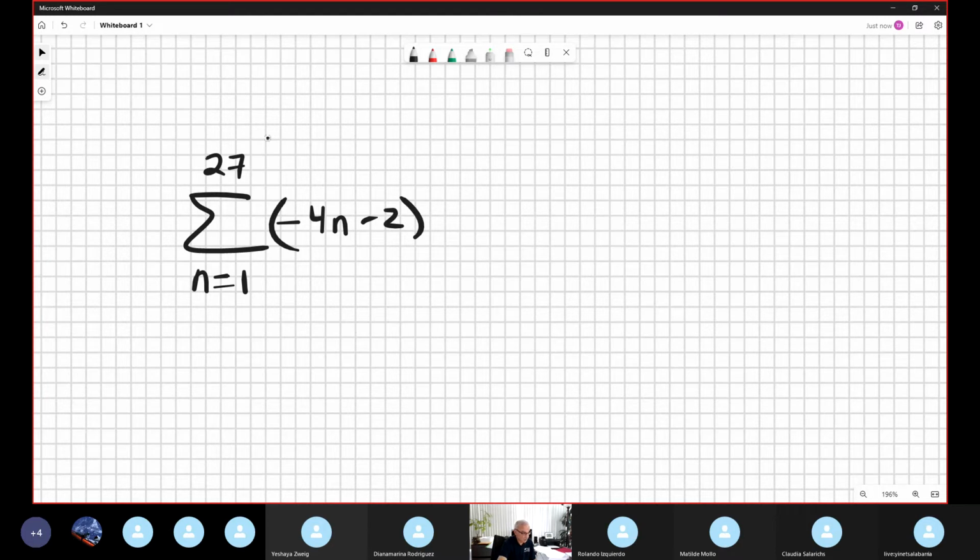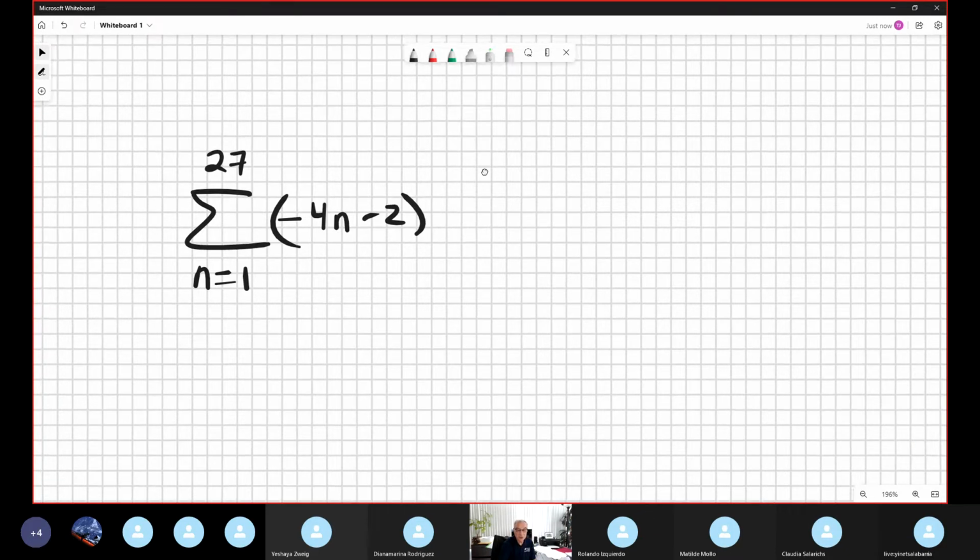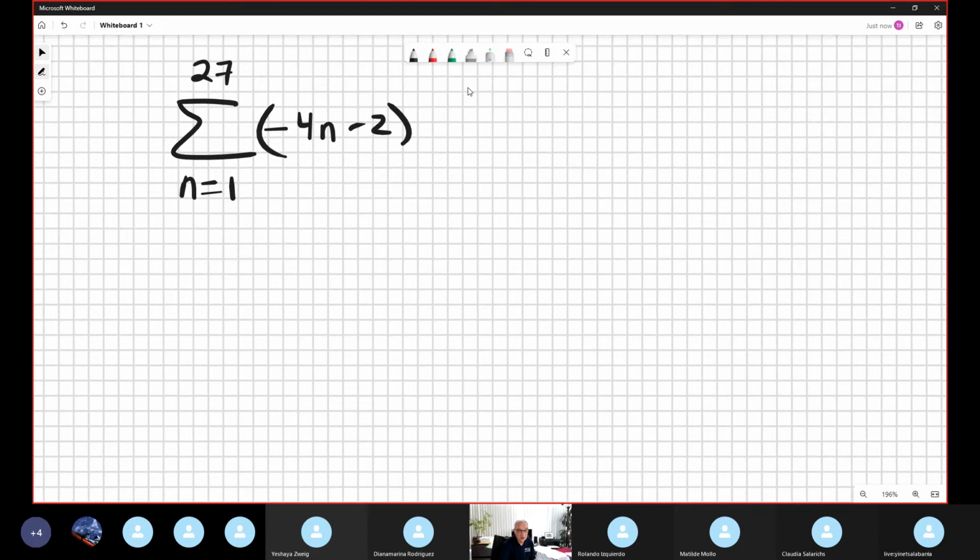So when I did that on my paper, I did it using the arithmetic sequence, not the summation. We can do it both ways. This is number 9. So I investigate, for example, this is a sub n, which is negative 4n minus 2. For n equal 1, it's obvious that a1 is negative 6.